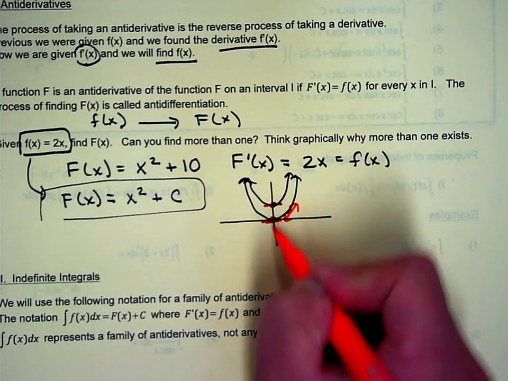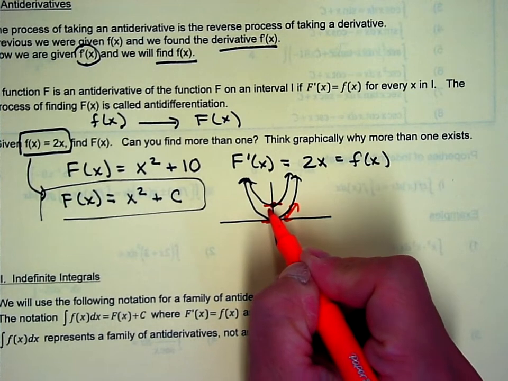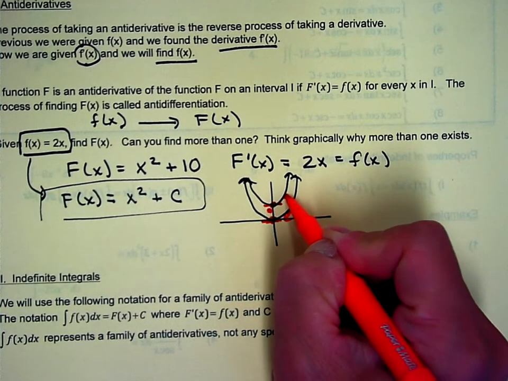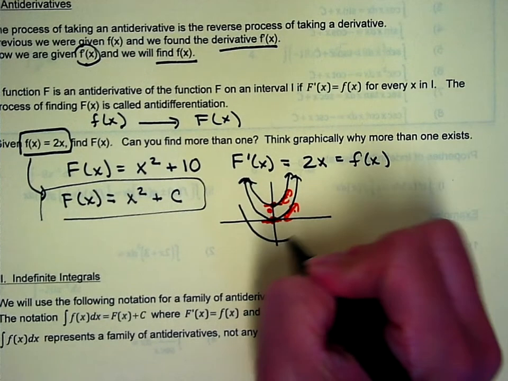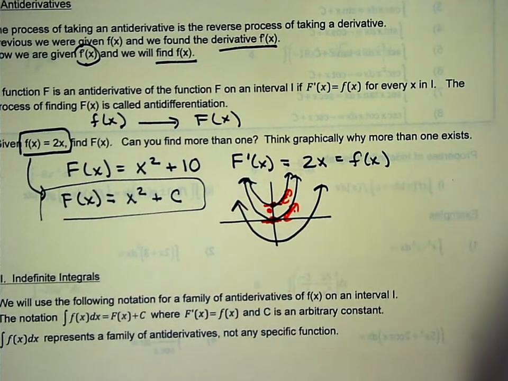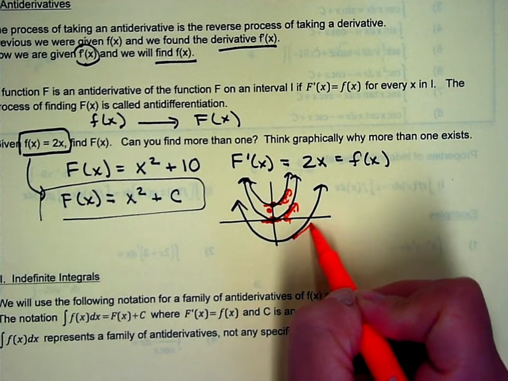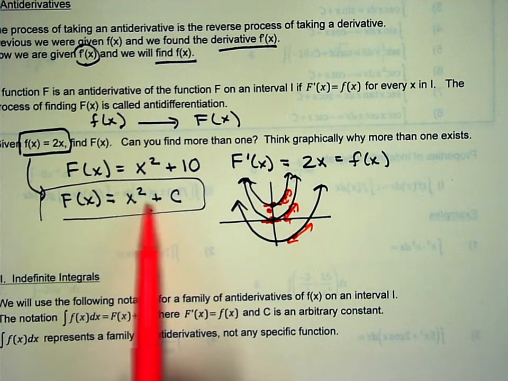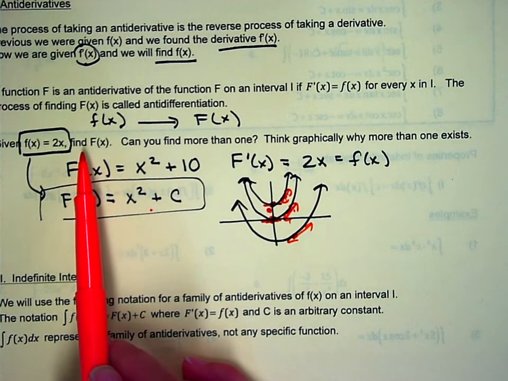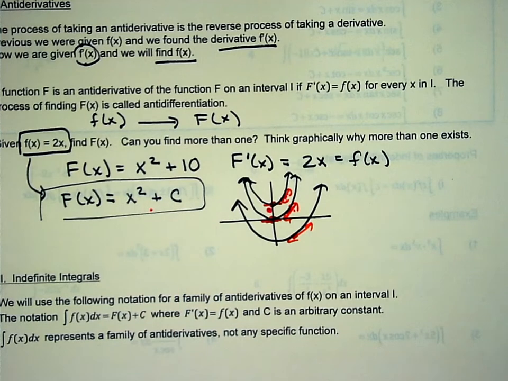Notice at the same x coordinate, the slope is the same. So here, you would have a tangent line that has the same slope. And I can make c be a negative number. At that same x value, you would have the same slope. So there are lots of graphs that would give you the same slope. That's why there's a whole family of functions.